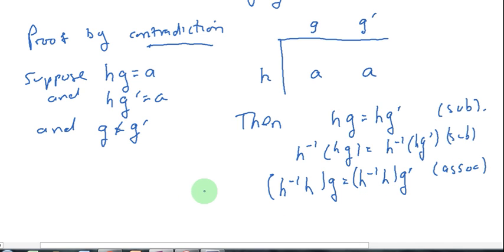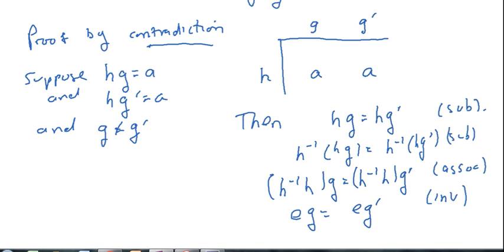Okay. Now we're in the position to use the inverse property. H inverse H is equal to the identity. This is the inverse property. And then finally, by the identity property, that tells me that G is equal to G prime.